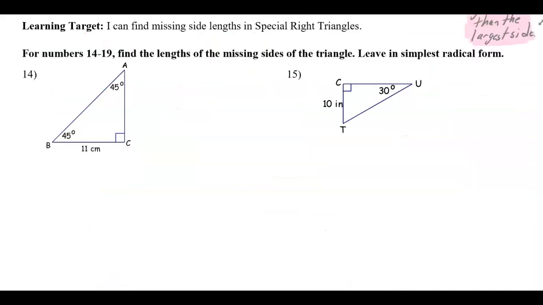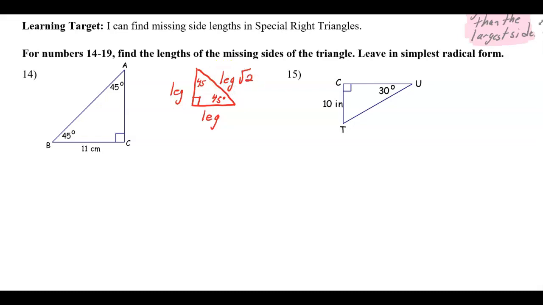So problem number 14 is a special 45-45-90 triangle. And we learned in a special 45-45-90 triangle that the two legs are always the same. So we in class wrote leg, leg, leg root 2.